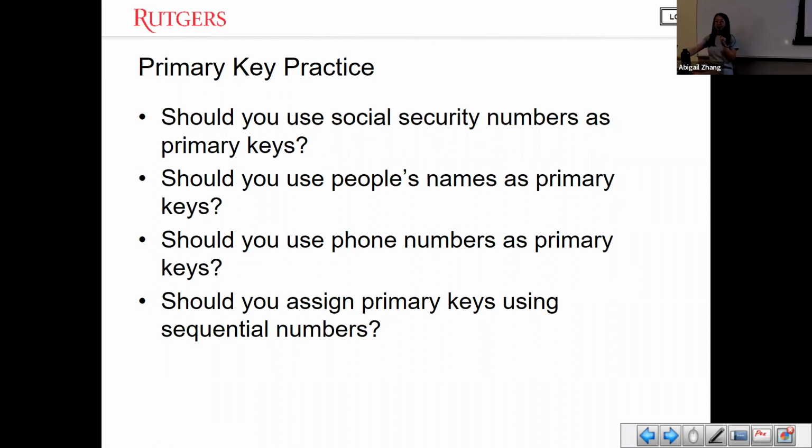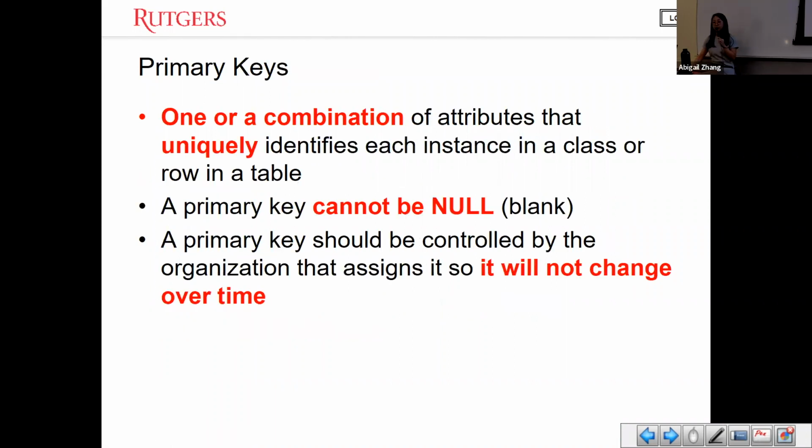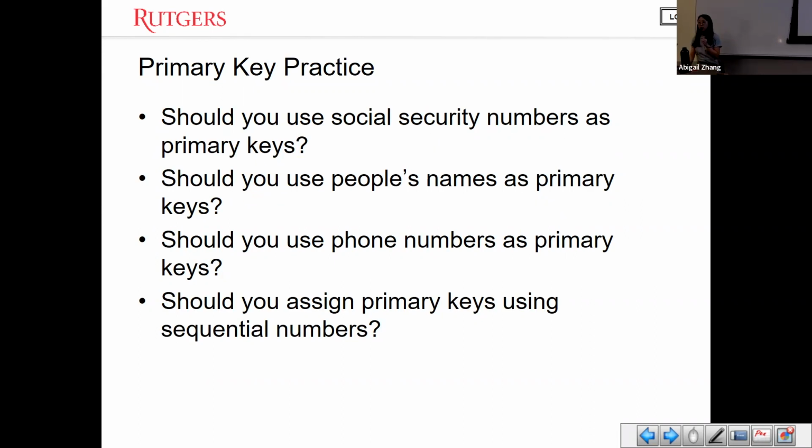Does it make sense? Because if you want to uniquely identify someone, and you say social security number, and then someone does not have a social security number, how can you identify them? So that's the reason why SSN cannot be used as primary key.